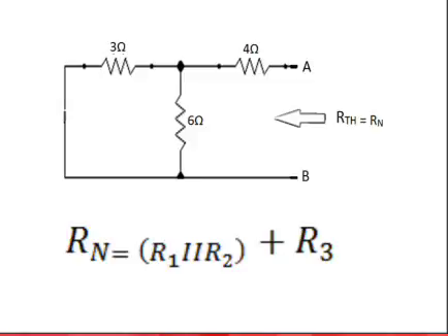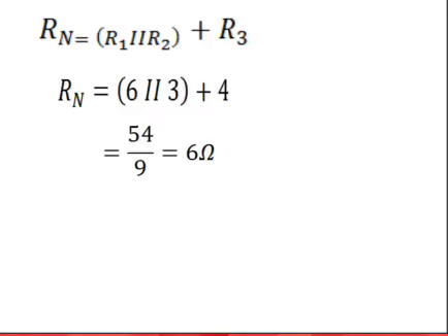That means Rn equals R1 parallel R2 plus R3. Therefore, Rn equals 6 parallel 3 plus 4, that equals 54 divided by 9. That equals 6 ohm.